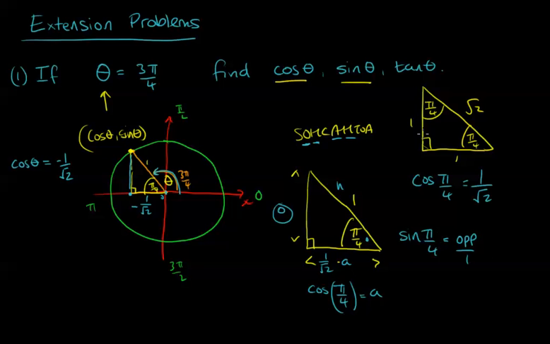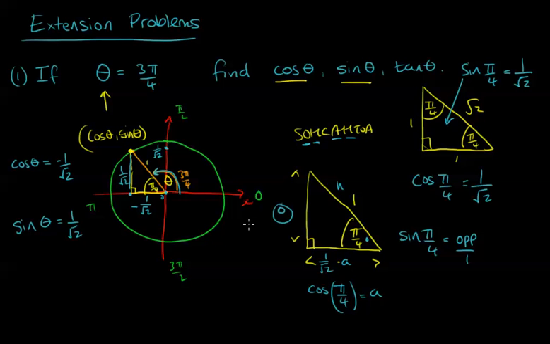Based on this triangle, we already know sine pi over 4 is 1 over root 2. So this distance here must be 1 over root 2, and it's definitely going to be positive, because if we go up, we need to go a positive number. So this must be 1 over root 2 up. That means sine of the actual angle theta must be 1 over root 2.